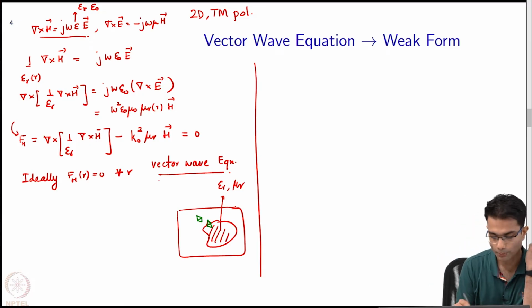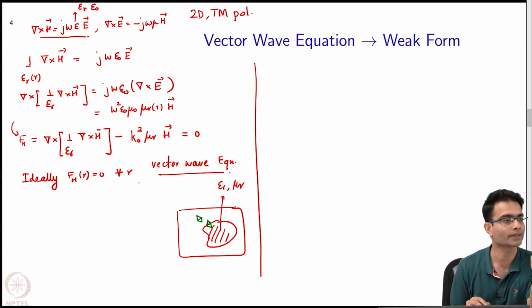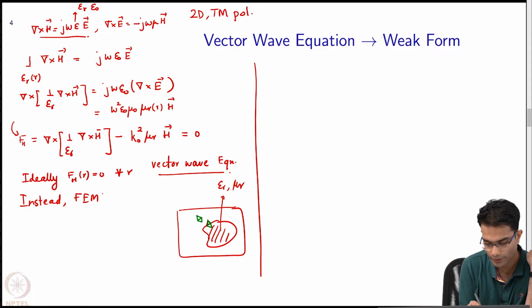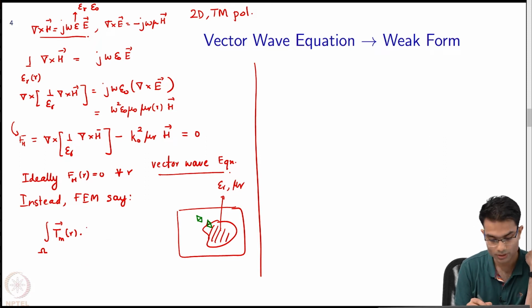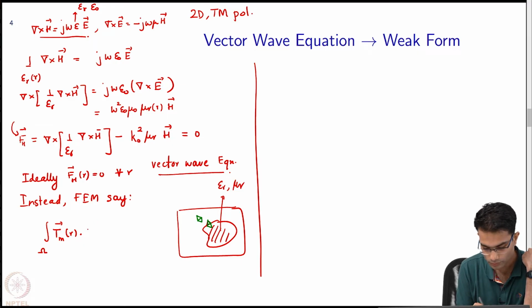That is not possible, so what is the next best thing I settle for? An average weighted sense. FEM says weighted residual method: integrate over the domain, taking some m-th testing function. I must take a dot product because f of H is actually a vector.